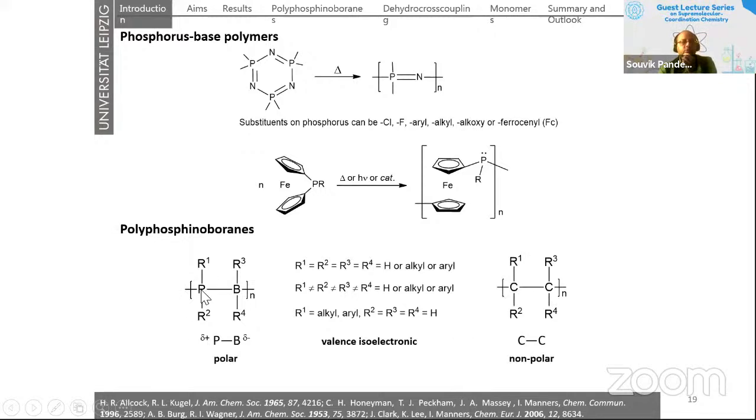But here, due to the different elements, they definitely have different electronegativity, and due to this difference the electron sharing in this sigma bond is not equal like carbon-carbon. So P delta plus, B delta minus, this kind of electron sharing is observed. So it can be conducting also.